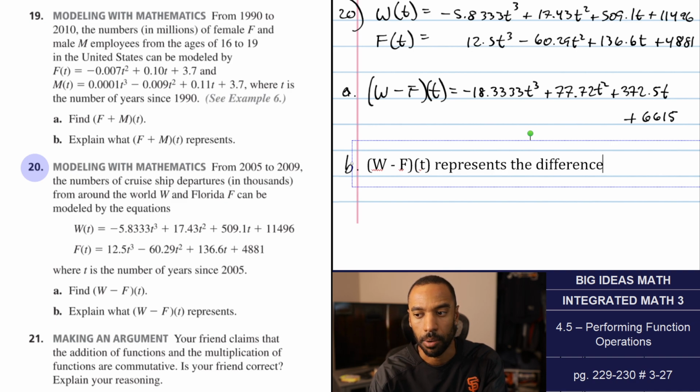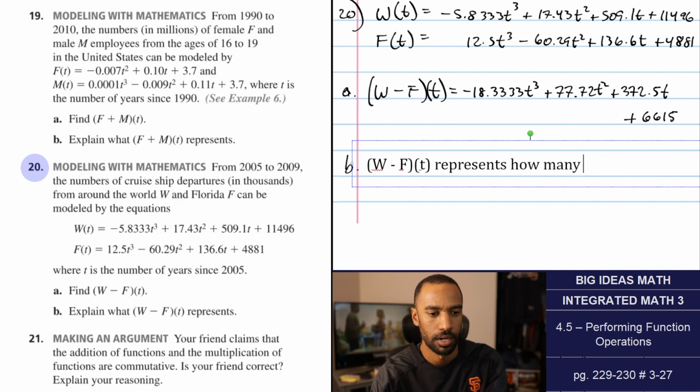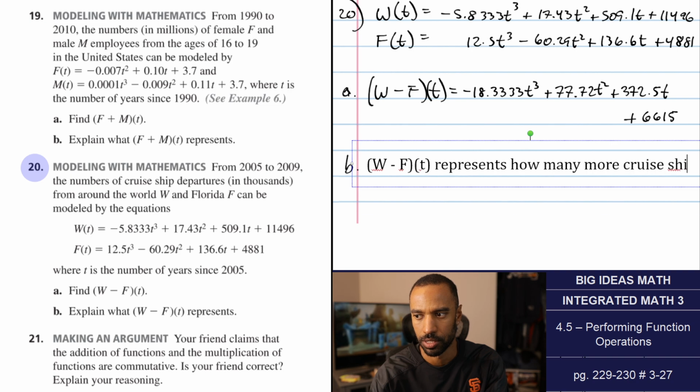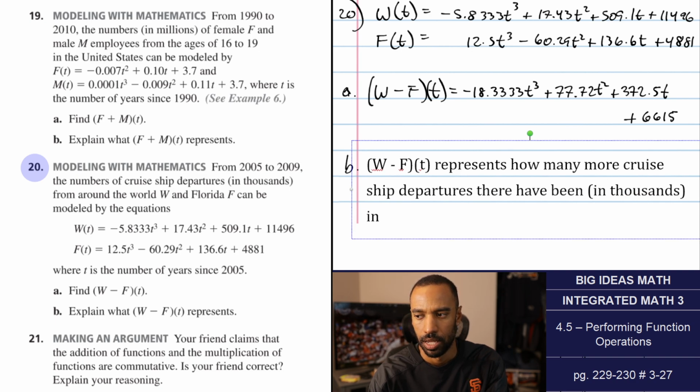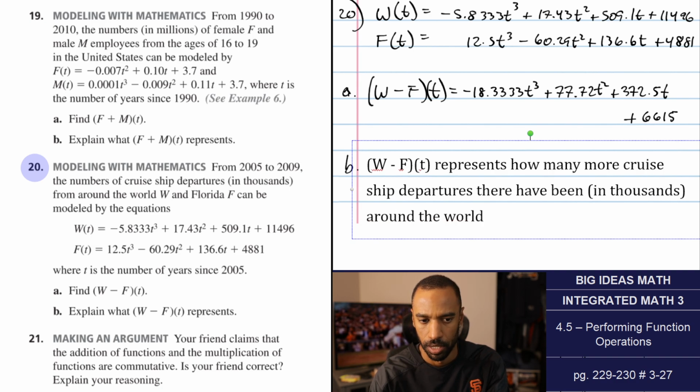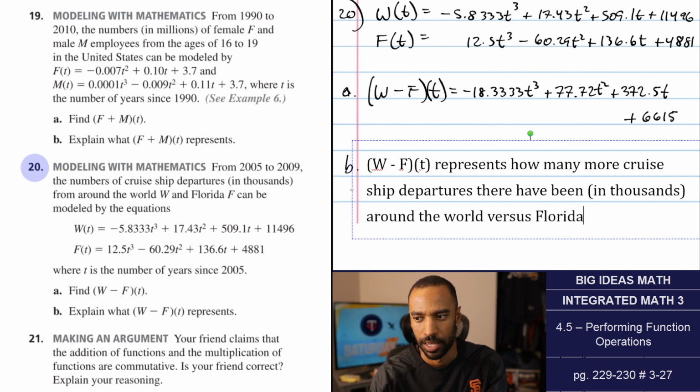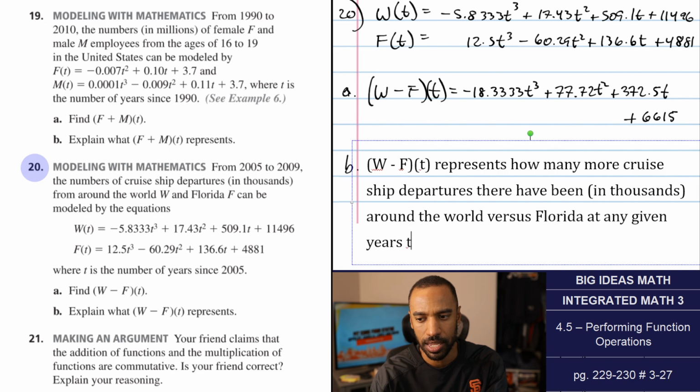How many more cruise ship departures there have been, in thousands, around the world versus Florida at any given year t since 2005.